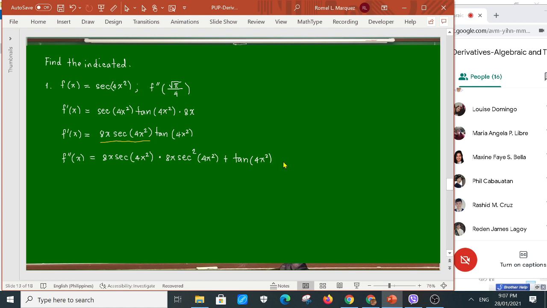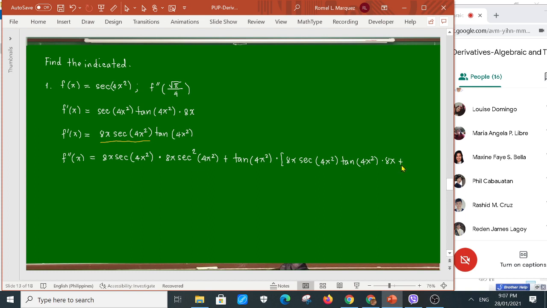4x squared, tangent of 4x squared. Derivative of the first. Kaya lang ang first product. Product. The first, derivative of the second. Anong derivative ng secant? Secant of 4x squared tangent of 4x squared times derivative ng loob 8x.